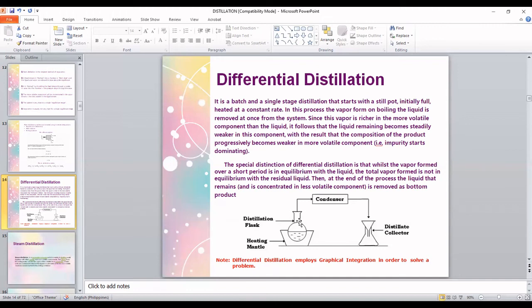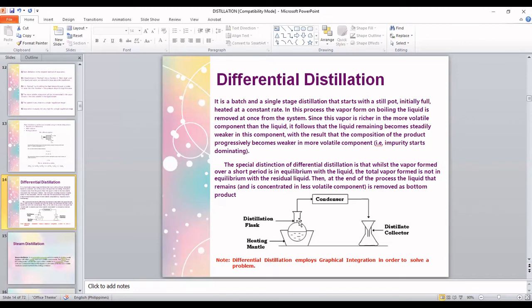The total vapor formed is not in equilibrium with the residual liquid. Now, what do we mean by this? The total vapor formed is not in equilibrium with the residual liquid.